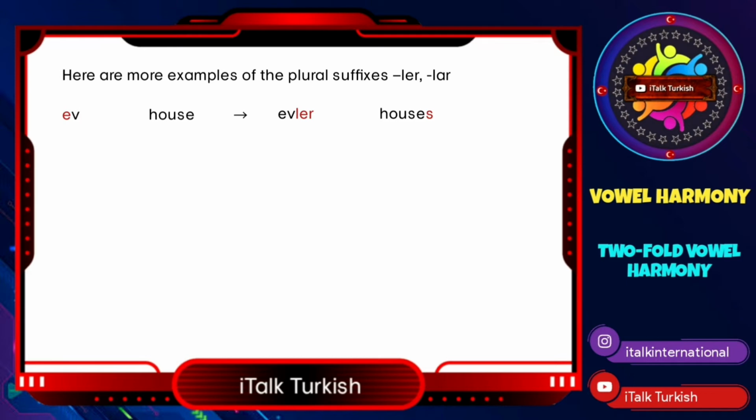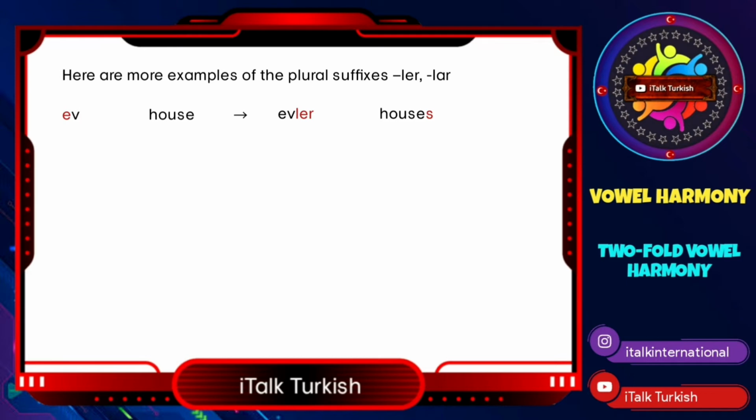By harmonizes, I essentially mean which of these is most similar to e. Evler. So, we are going to change ev, make it plural. Evler. Houses. That's quite easy, dear friends.